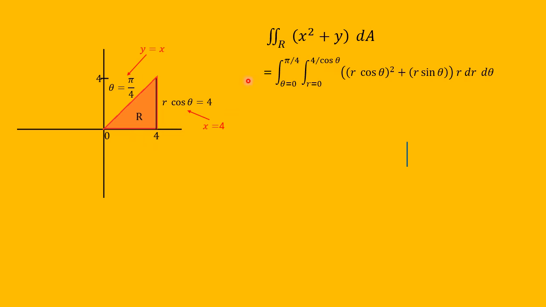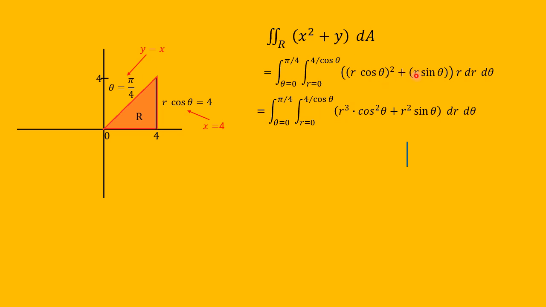And for theta, we're going to go from theta equals 0 up to pi over 4. So this is the integral that we have at this stage.